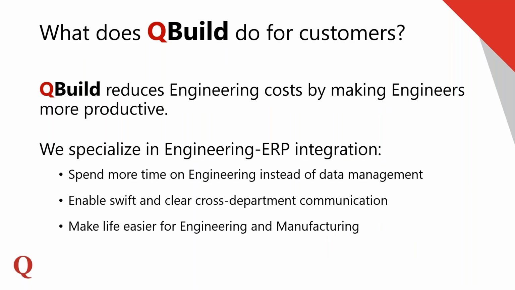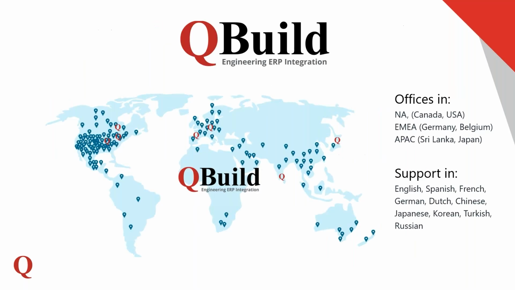We're specializing in that engineer to ERP integration, helping engineers and folks using different CAD, PDM, or PLM softwares be more productive and spend less of their time doing double data entry and getting back to what they do best, actual engineering. We have offices across the world. So I'm coming to you from Toronto, but we have offices in Europe as well as in Asia Pacific, so we can support customers across the globe, no matter where they're located.